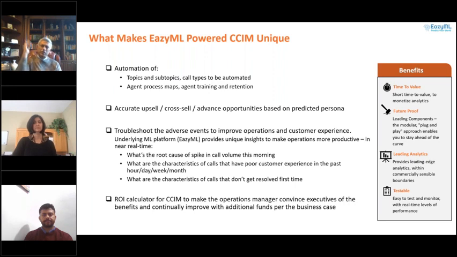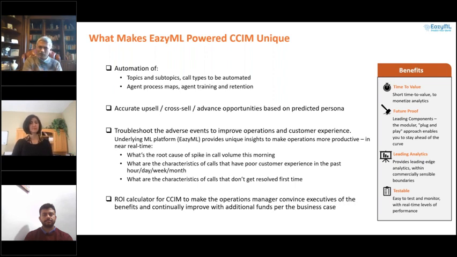The queue times have built up. The agents are frustrated. Customers are upset. Can we get to the root cause, please? Well, now you can. Again, from your dashboard, you can take your data from this morning and subject it to augmented intelligence.